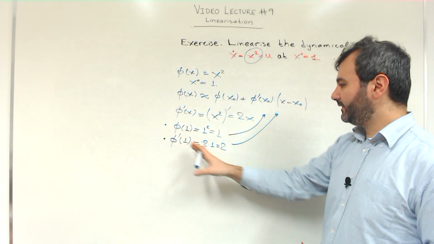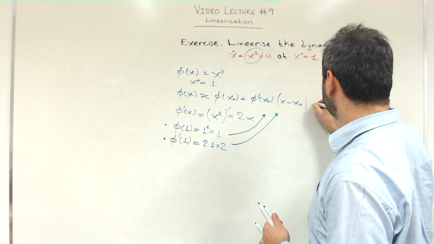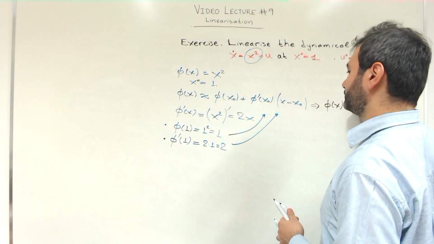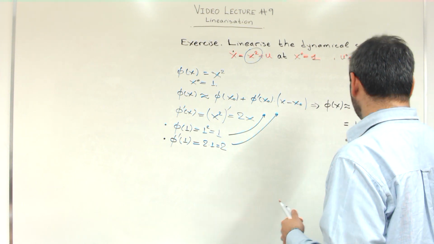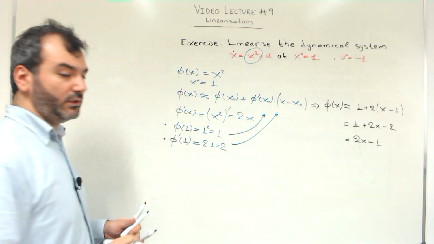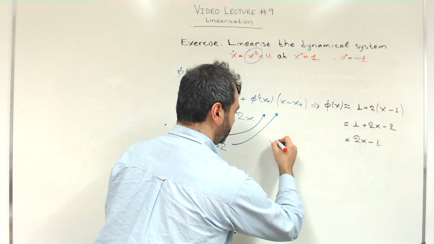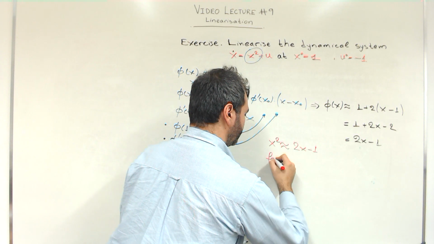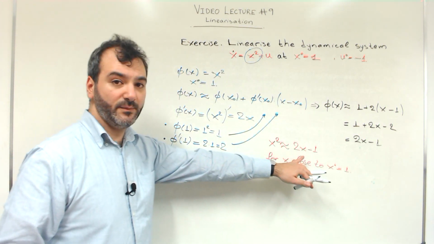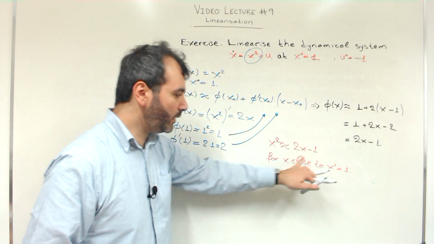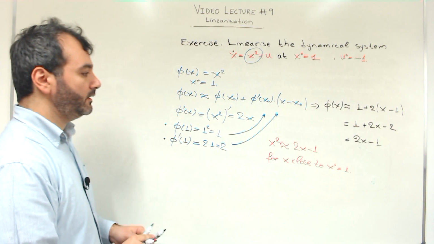And if we plug in these numbers in Taylor's approximation, we obtain 2x minus 1. Let's write it clearly once again. x squared is approximately equal to 2x minus 1 for x close to 1.